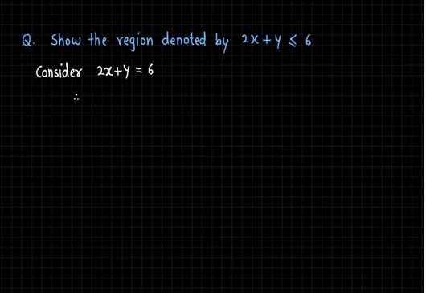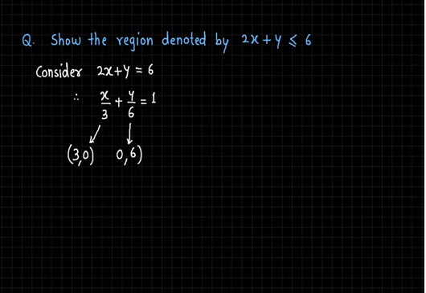For that we use the intercept form. Let us divide throughout by 6, so we get x upon 3 plus y upon 6 equal to 1. Clearly 3 is the x-intercept, that means (3, 0) is the point where the line cuts the x-axis, and 6 is the y-intercept, that means (0, 6) is the point where the line cuts the y-axis.